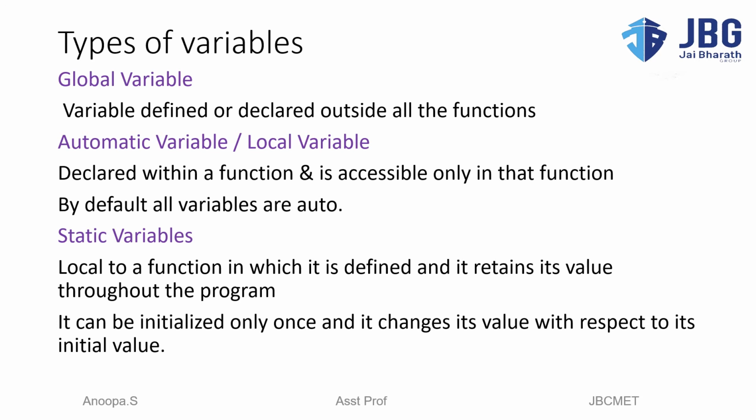Now when it comes to static variables, they are initialized only once in a program. We cannot initialize it further, and the changes that happen to the static variable happen through operations. It changes its value with respect to its initial value, and initialization can happen only once, and it is also local to a function.